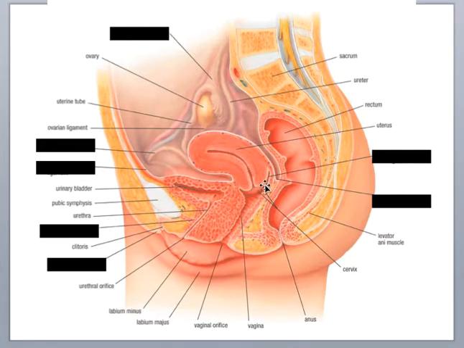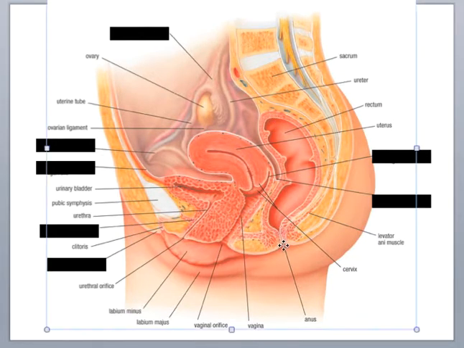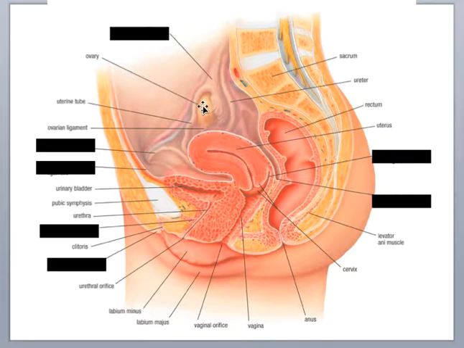This would be the cervix, which protrudes down into the vaginal canal. Here's the vaginal canal with its vaginal rugae. Here's the vaginal orifice. This would be the rectum, anus. Here's our ovary, fimbriae, fallopian tubes. Just pointing out lots of structures. Here's our ureter coming down, which would enter the backside of the bladder.